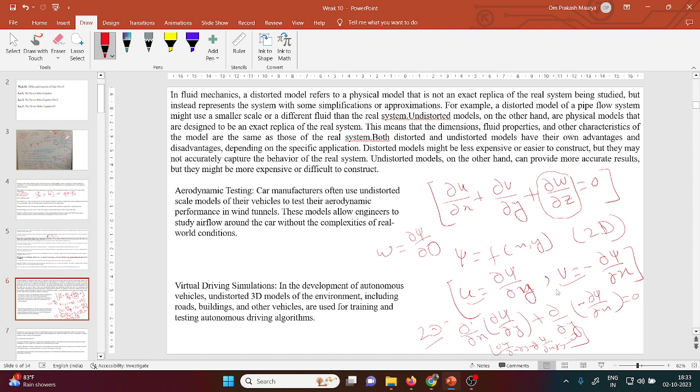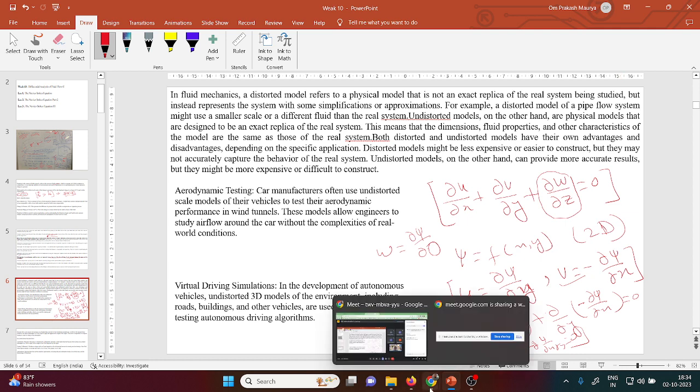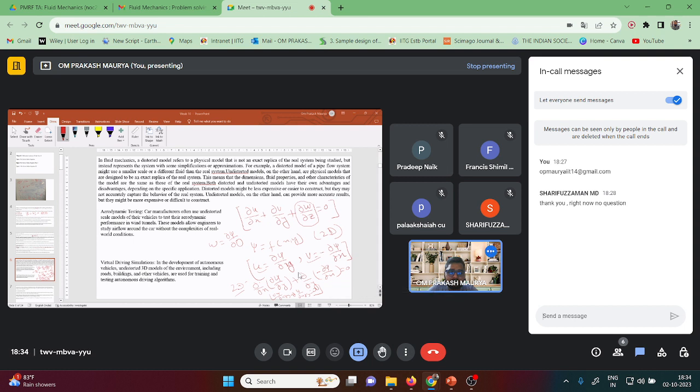This is not possible using 3D, where psi is a function of x, y, z. The main conclusion is that it is mathematically not possible to follow the continuity equation when we talk about 3D. I hope I was able to explain.